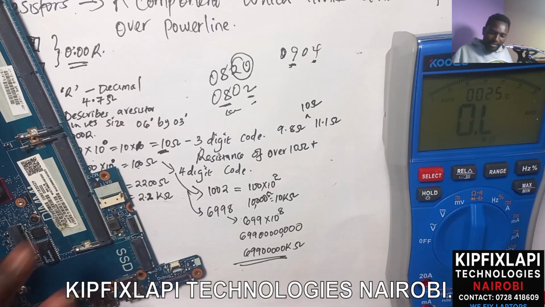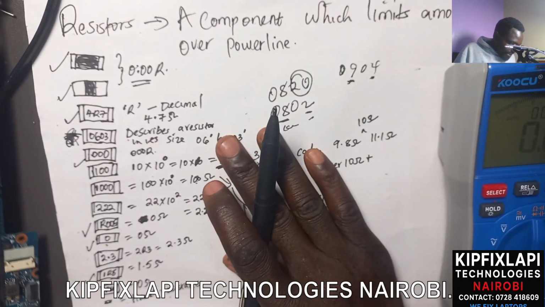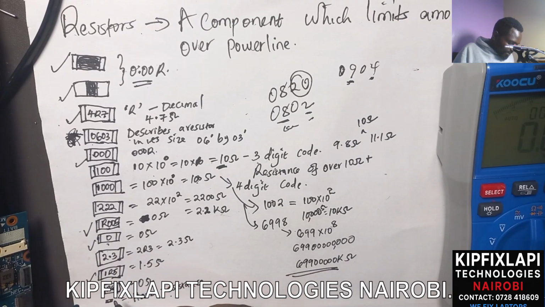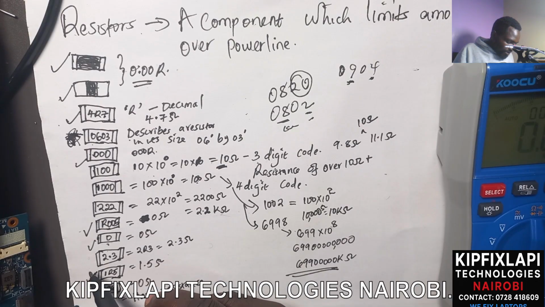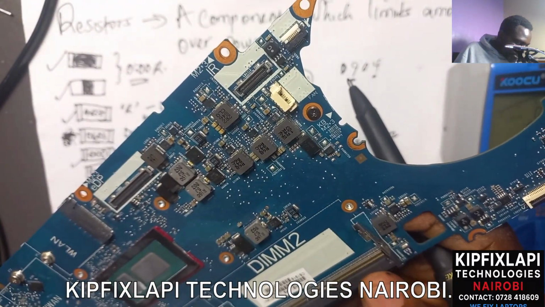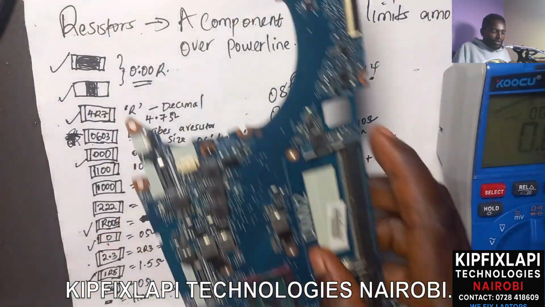So far we feel straight about the R resistors. In fact, we've also read about 1R5. What about 2.3? Where there is a resistor written 2 point something. Let's see whether I can get one. Yes, the first small one.